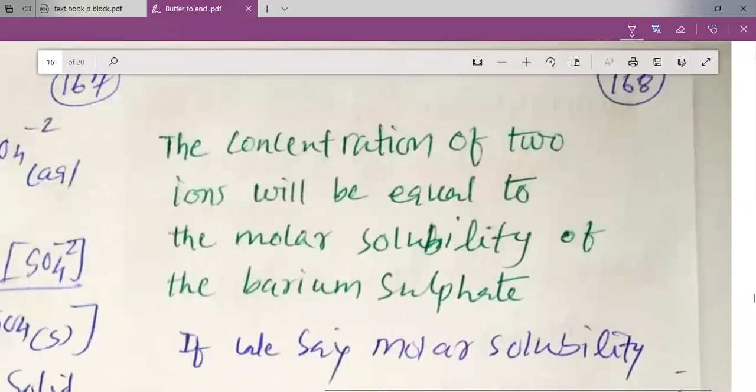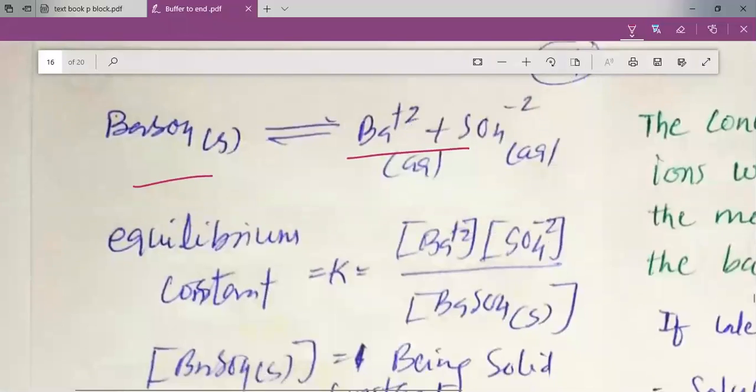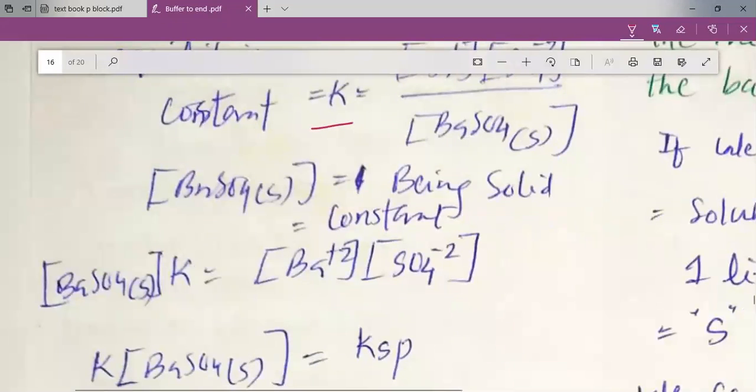Now, my dear students, when the equilibrium is established between BaSO4 and Ba plus 2 and SO4 minus 2, we can write the equilibrium constant K as the concentration of Ba plus 2 multiplied by the concentration of SO4 minus 2, divided by the concentration of BaSO4. We know that the concentration of a solid substance is considered either unity or a constant.